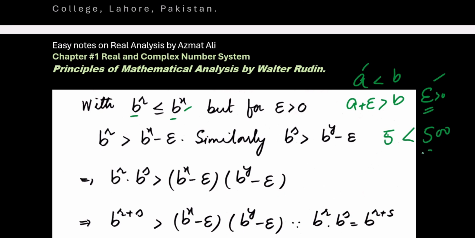I can find our epsilon. Suppose my epsilon is positive. Whenever I add this epsilon to the smaller side, my smaller side becomes the larger side.